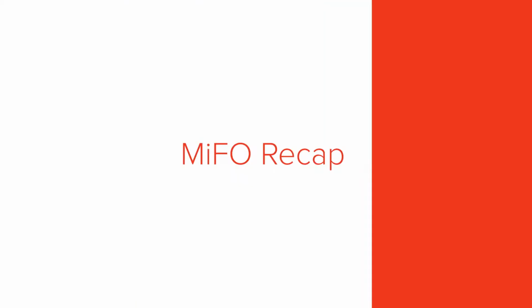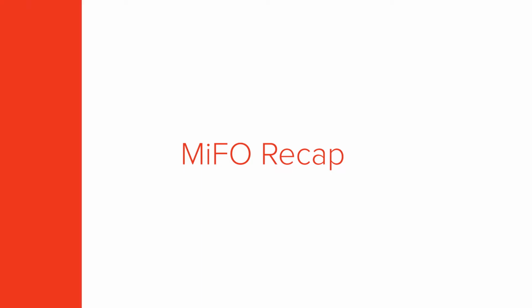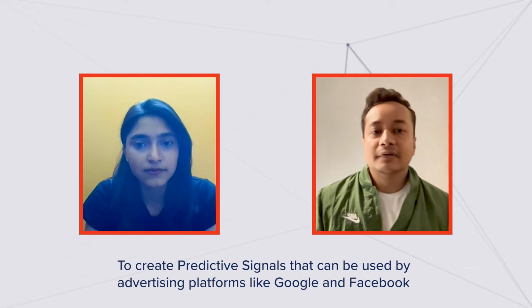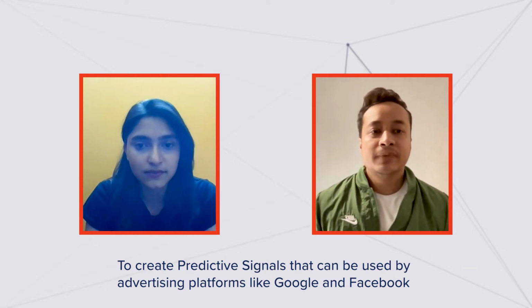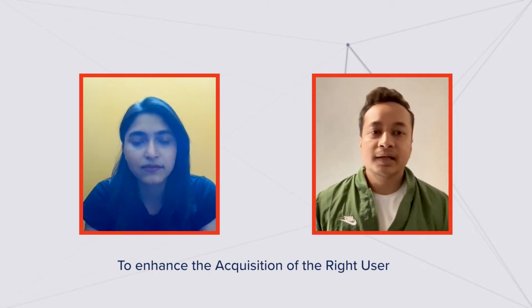Yeah, so I think it's been a few months since we've done the last bit on MiFo. So I'll just quickly recap what we spoke last time, right? We spoke about how MiFo helps advertisers utilize the user activity data that's getting generated in the middle of the funnel to create predictive signals that can be used by advertising platforms like Google and Facebook to enhance acquisition of the right user for them, right?